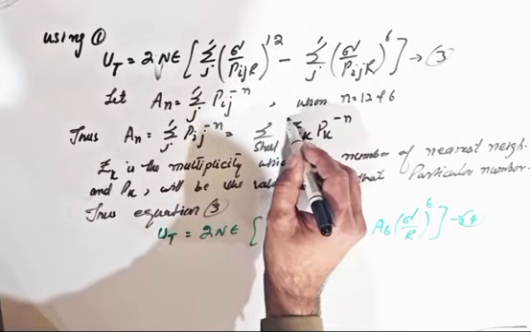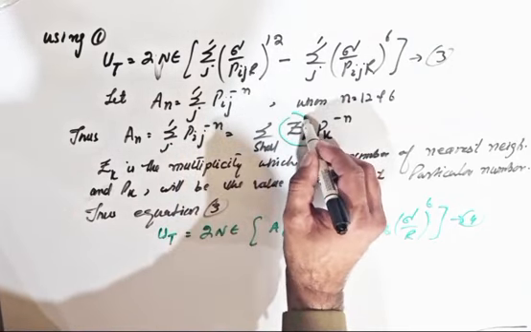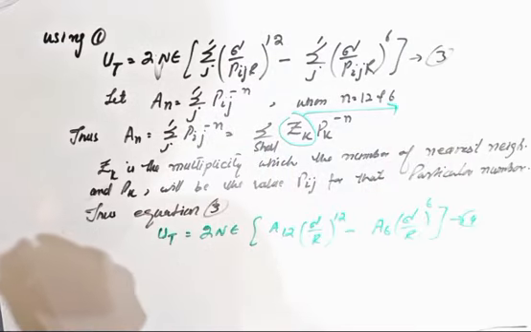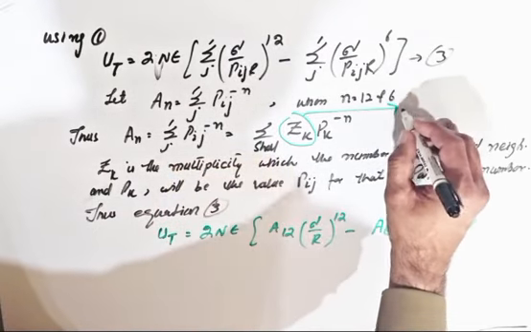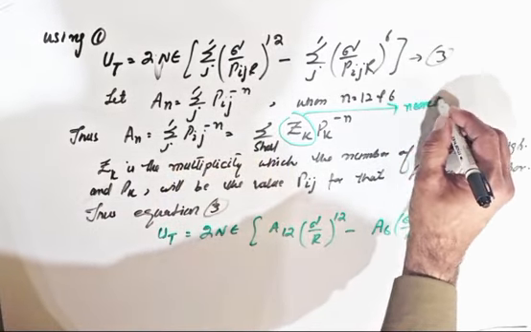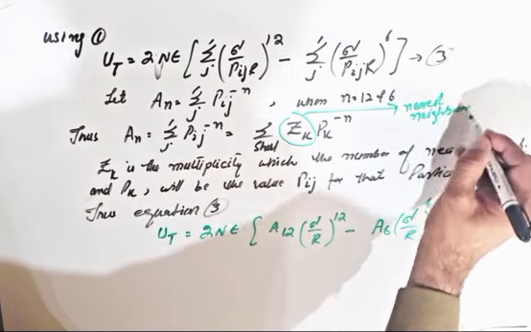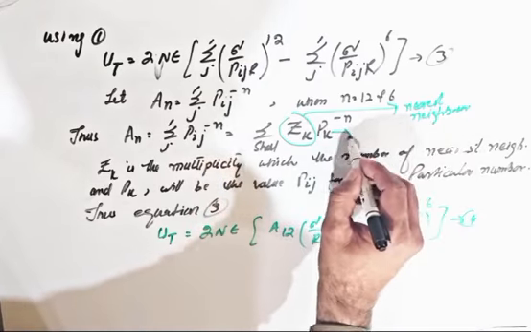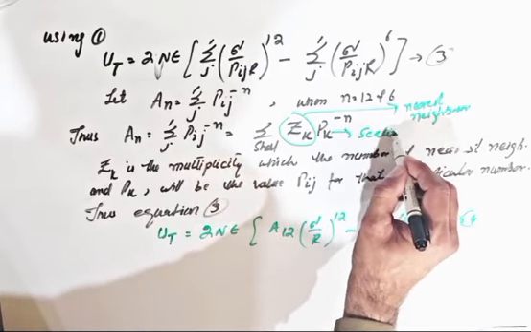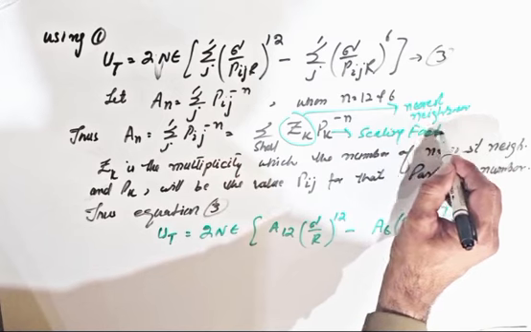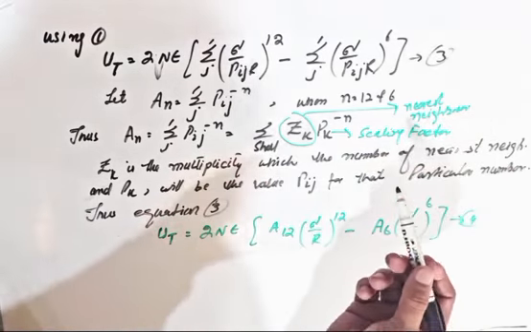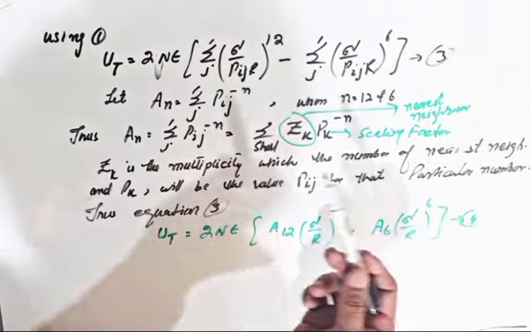Let us simplify this term. This z_k is the number of nearest neighbors, and this is the scaling factor, the pure number we derived for the first, second, and third nearest neighbors of the FCC.